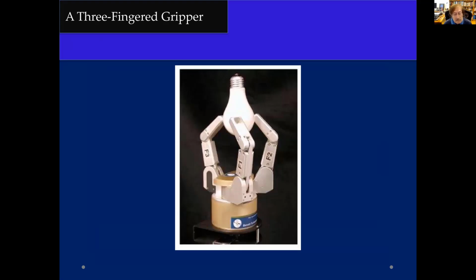In carrying out some very delicate, sensitive tasks, this type of definition becomes very important because, for instance, this task shows that we must be delicately handling a bulb without breaking it. Therefore, how do we precisely define this motion to the robot?